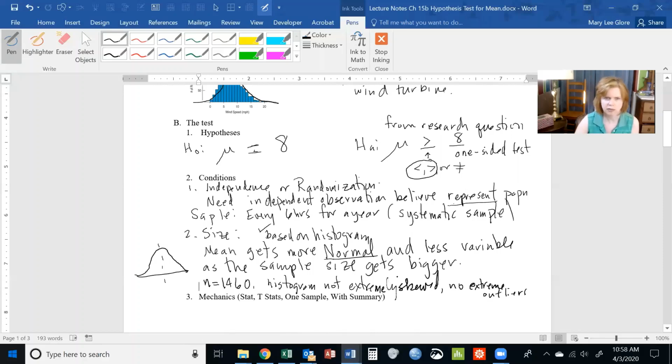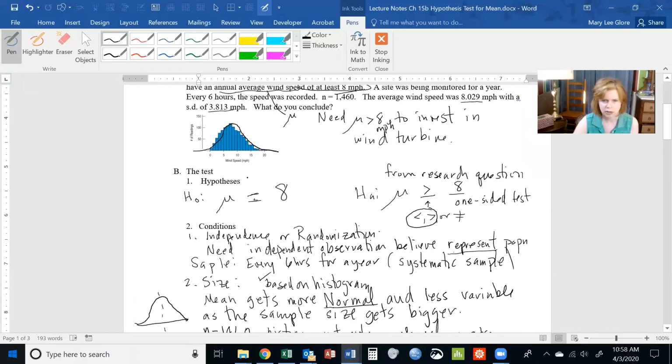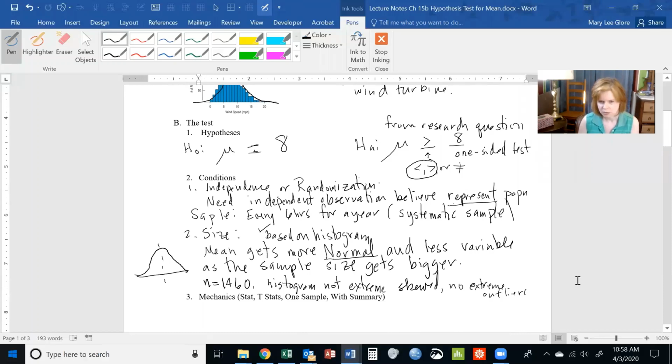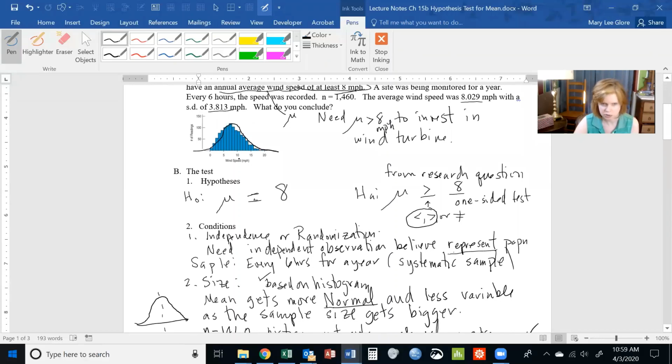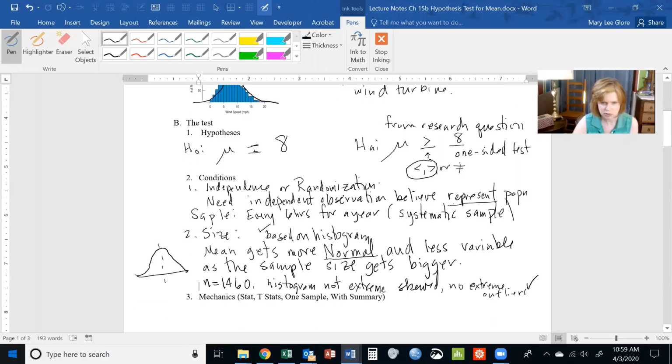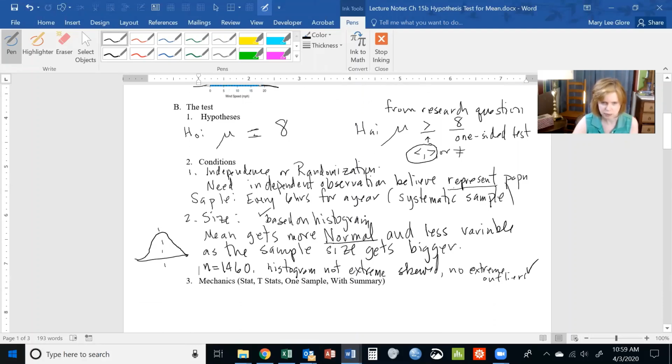Now look at this, it's slightly skewed, no outliers. So I'm going to say that is not extremely skewed. My histogram here is not extremely skewed, and it doesn't have any extreme outliers. So we meet the size condition. So we meet both conditions with the sample.